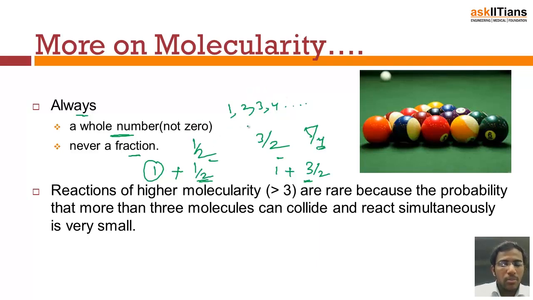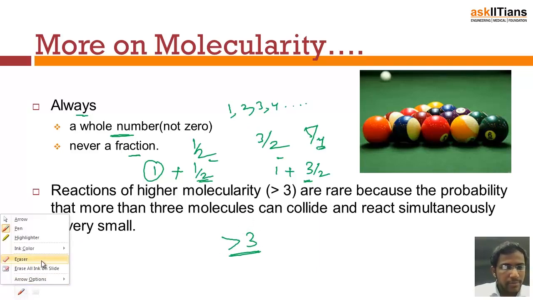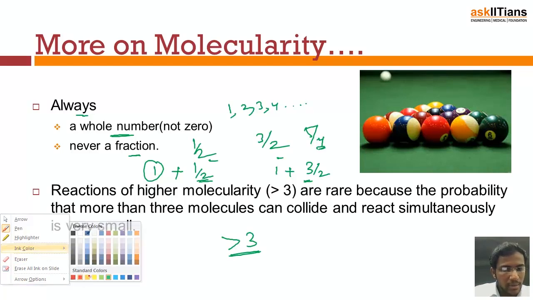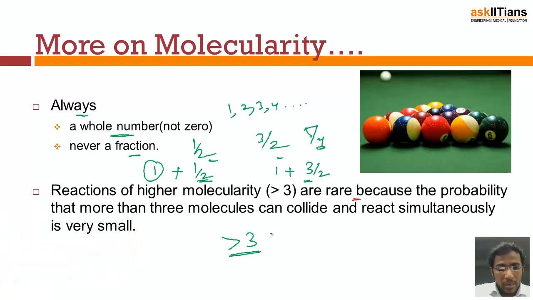But what about molecularity greater than 3? Reactions which have molecularity greater than 3 are rare, because the molecules have to collide with each other in order to form the products, which you will learn in collision theory in detail. The reactant molecules have to collide with each other simultaneously to form the products.